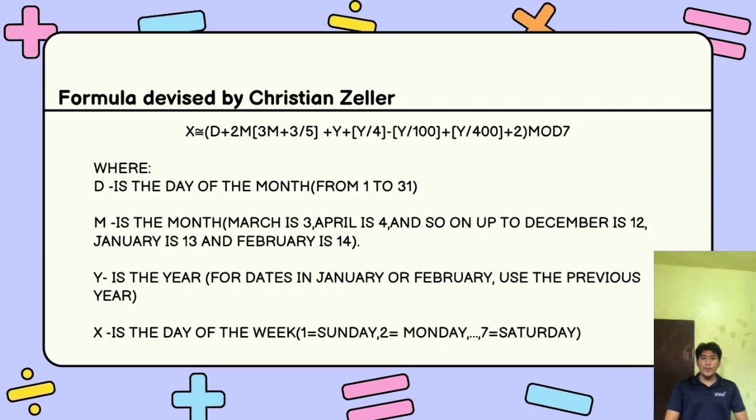This formula uses the GIF and was devised by Christian Zeller. It helps us determine the day of the week, and is also called Zeller's congruence.